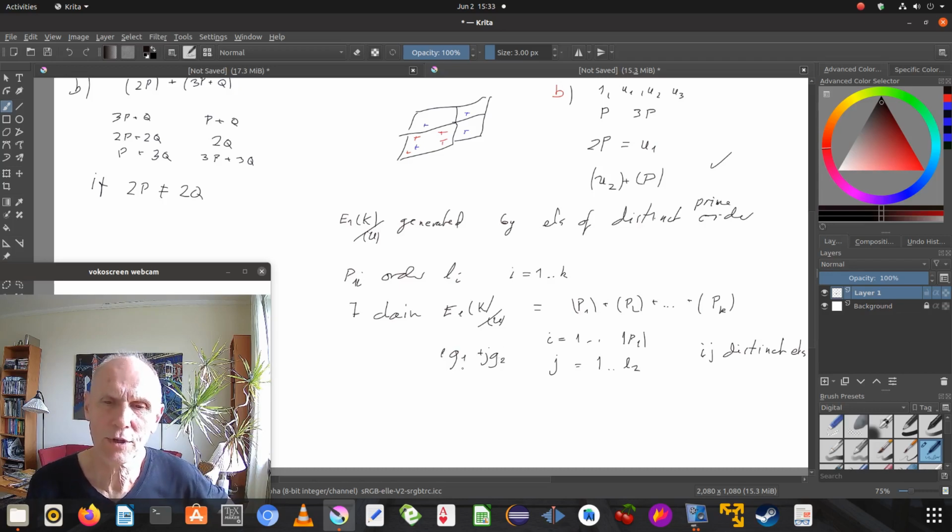Oh yeah, this is one that doesn't lie in the group generated by P1. This element does not lie in this group, so it cannot be equal to an integer times G1. Yeah. That's standard number theory. So that's right.